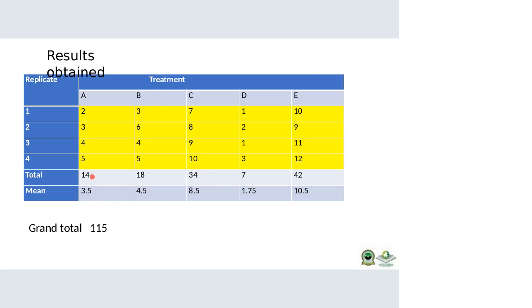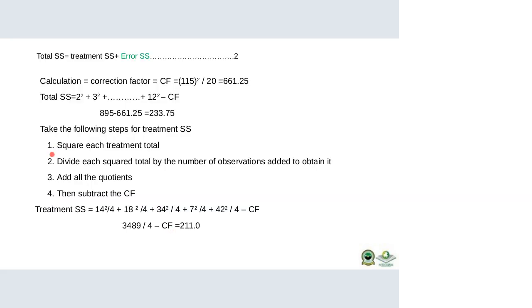So 14 squared over the number of observations, which is 4. 18 squared over the number of observations, 4. 34 squared over 4 observations.